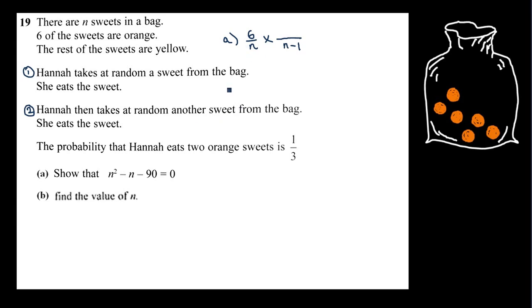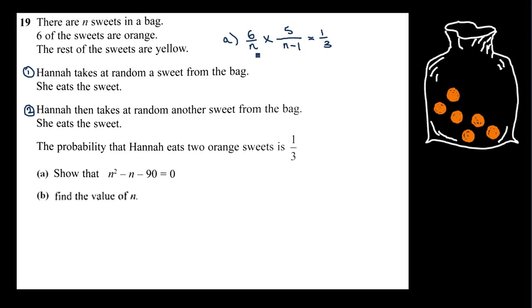And already we can see how this is going to form a quadratic equation, because we've got an n term here that is going to multiply across to an n minus 1 binomial over here. Now, there are only 5 orange sweets in the bag, so the likelihood must be 5 out of n minus 1, and we're told that the probability is 1 in 3.